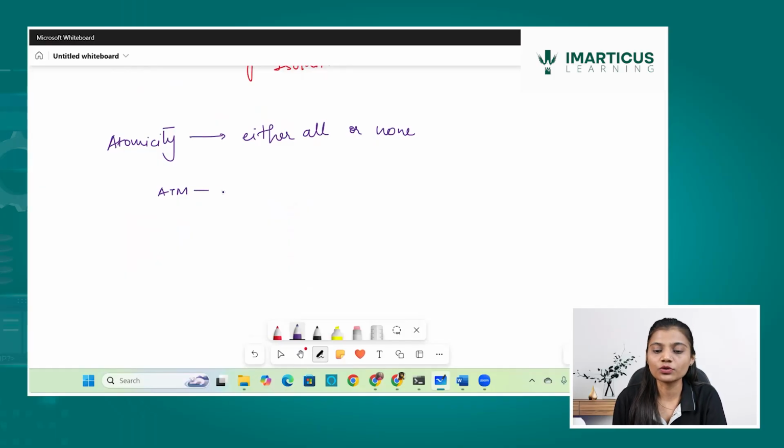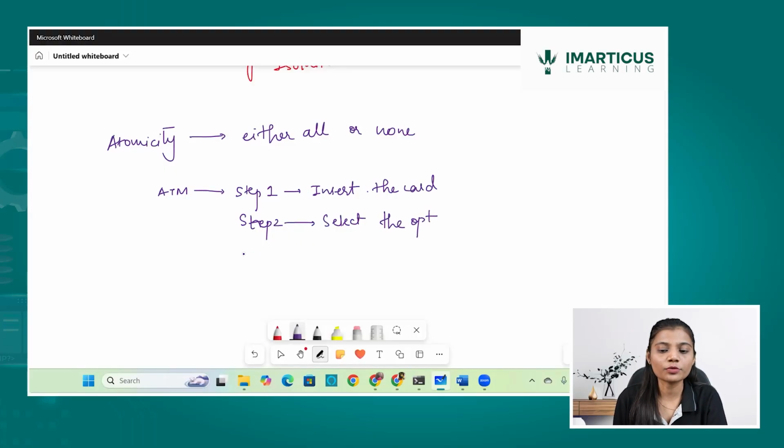Step 1: I insert my card. Step 2: I select the option of what I want to do, which is withdraw.